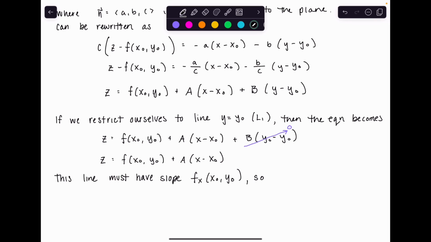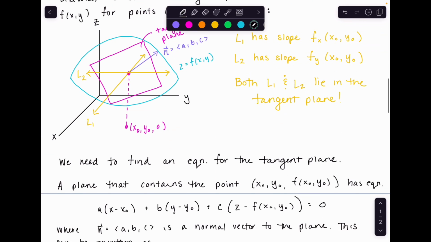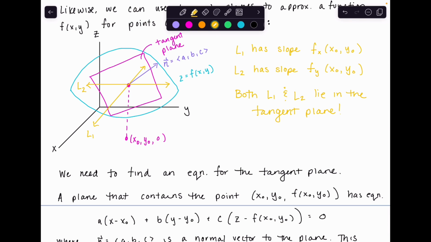So this tells us the value a I'm searching for is exactly the partial with respect to x at that point. And then if we do the same thing, if I restrict myself to that vertical line through this particular point, so pointing in the y direction, well, that particular line would have x equaling the x coordinate of that initial point. So that will just give you b, and it will tell you that the value of b is going to end up having to be the partial with respect to y.